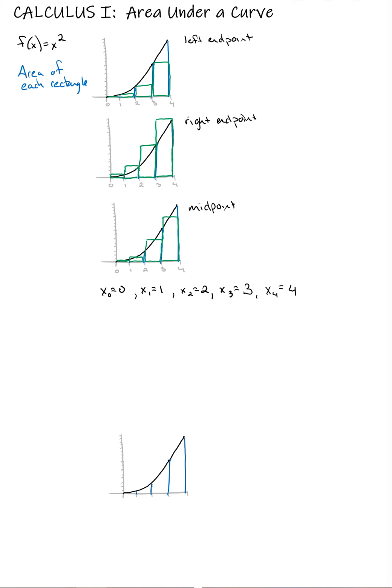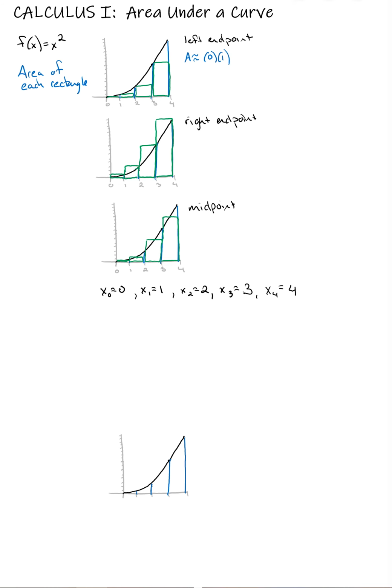All right, so using the left-hand endpoint, let me first look at this rectangle from 0 to 1. How high is that? Since I'm taking the left-hand endpoint, it touches the curve at 0, so it has a height of 0, and then its width is 1.